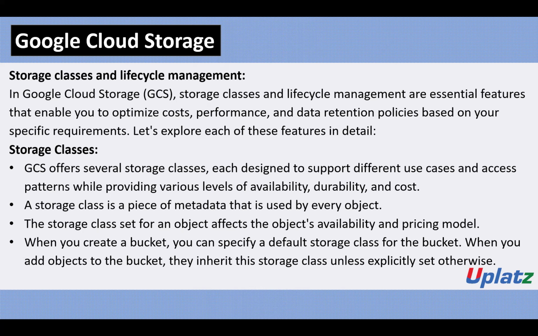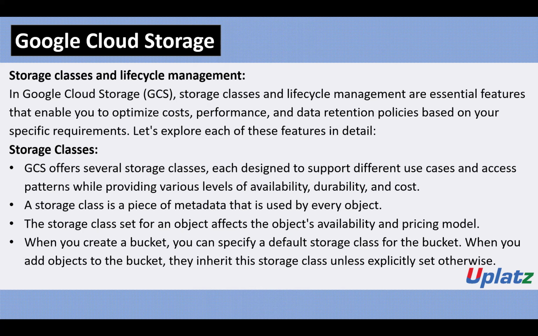So the first one is storage classes. Google Cloud Storage offers several storage classes, each designed to support different use cases and access patterns while providing various levels of availability, durability, and cost. A storage class is a piece of metadata that is used by every object.